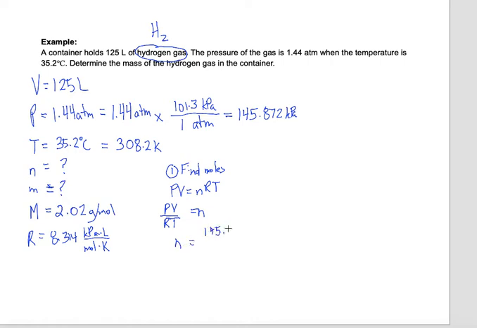So n is going to be 145.872. So now we just punch in our numbers here. The volume was 125 liters. And we're dividing by this quantity.